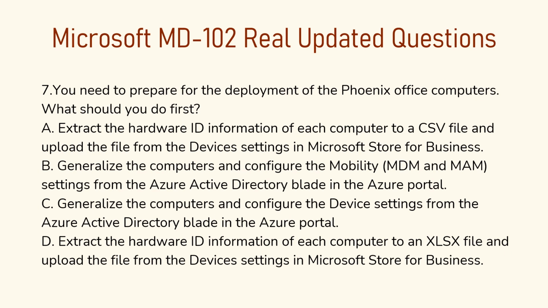C. Generalize the computers and configure the device settings from the Azure Active Directory Blade in the Azure portal. D. Extract the hardware ID information of each computer to an XLSX file and upload the file from the device's settings in Microsoft Store for Business.